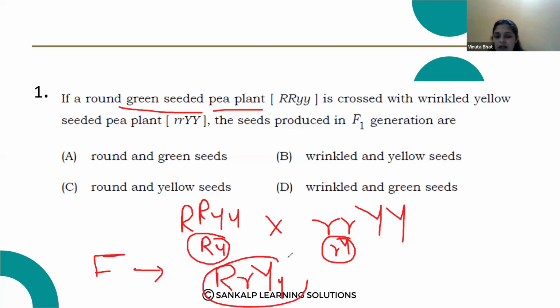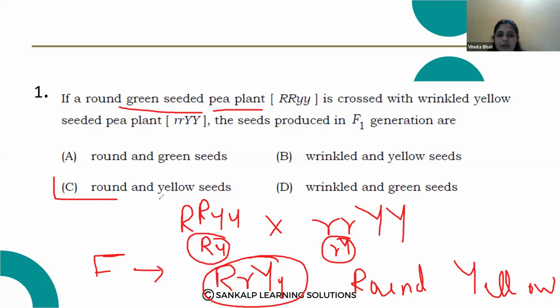So here all the plants are having round and yellow seeds. Here the correct answer is round and yellow seeds. Option C is the correct answer.